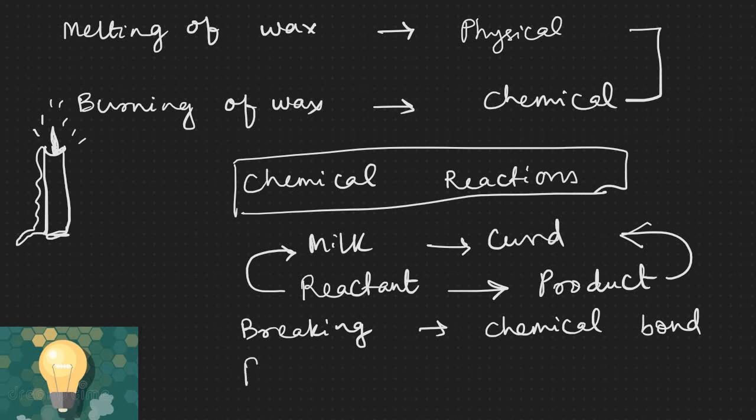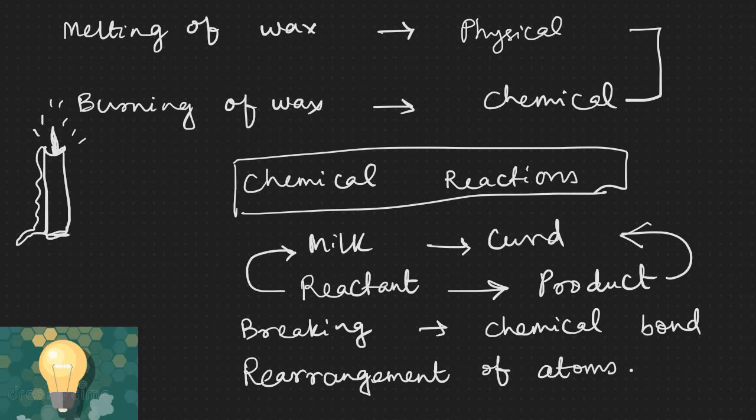A chemical reaction always involves rearrangement of atoms. How? The reactant molecules are broken down and the chemical bonds between them are broken down to atoms so that they can be rearranged to form a new product. So how do we notice that a chemical reaction is happening?